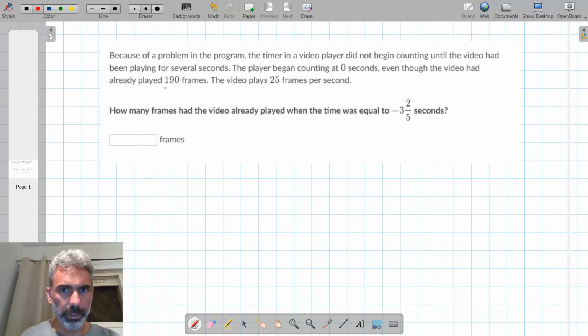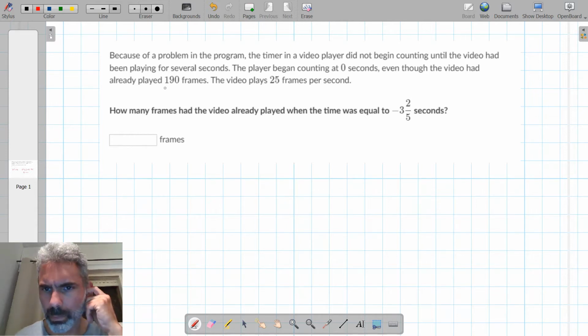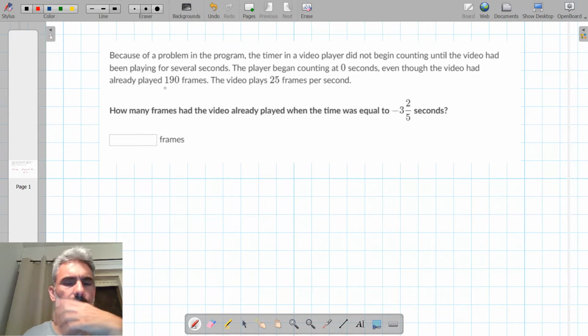The video played 25 frames per second. How many frames had the video already played when the time was equal to -3 and 2/5 seconds?